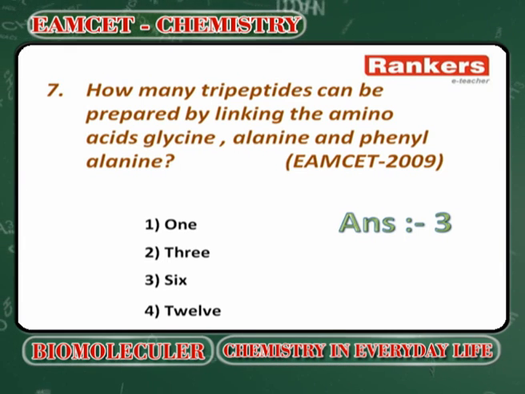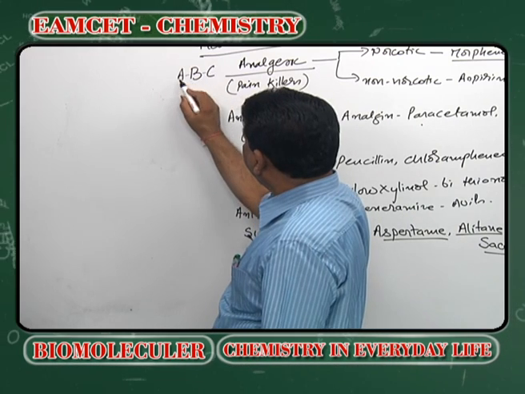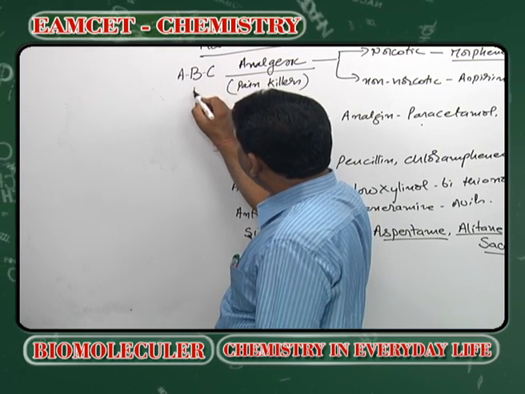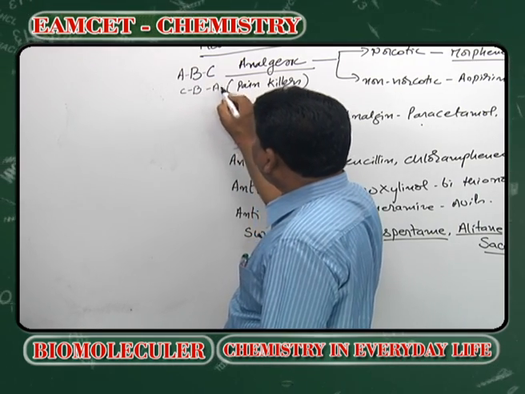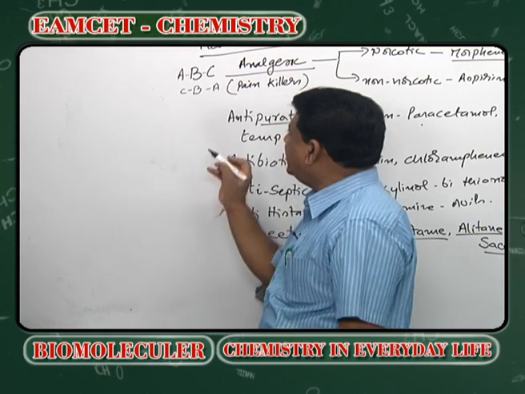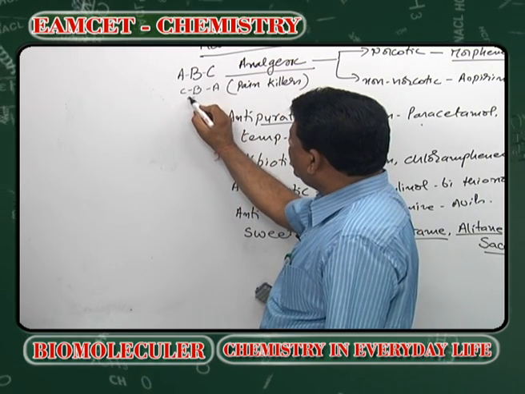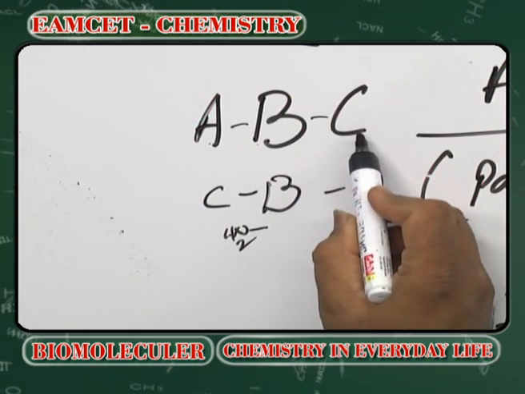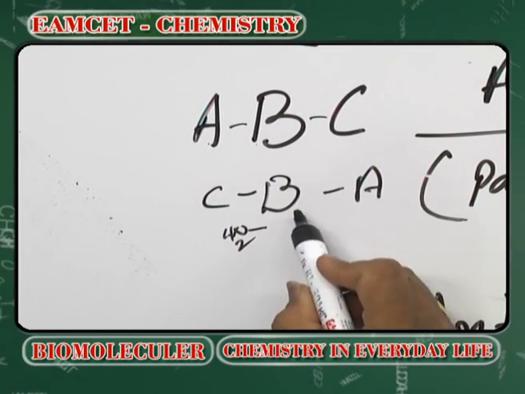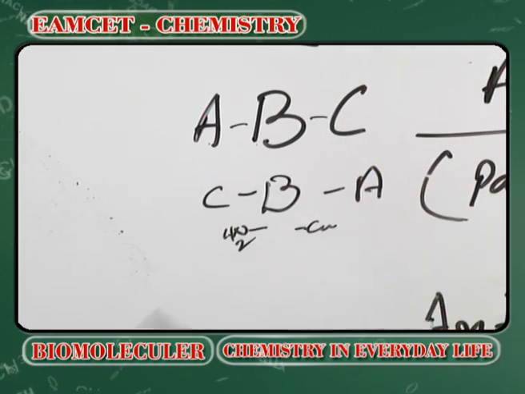You can also have B in the center with A and C. Similarly, B in the center, this side C, this side A is also a different tripeptide. This is B with the amino group on this side attached to A, and the acid attached to C; amino this side and acid this side, these two are different.